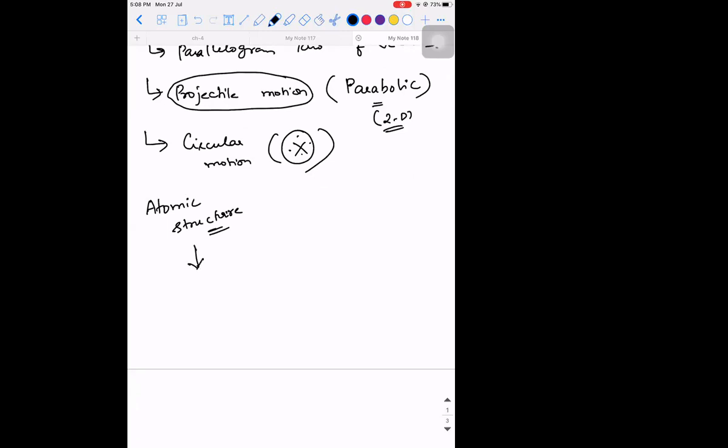Yes, sir. So in atomic structure, you would have learned about Bohr's postulates, whatever statement was made by Bohr with respect to the structure of an atom. In that, he used a concept called orbits. The electrons revolve in particular orbits where the angular momentum is quantized, right?